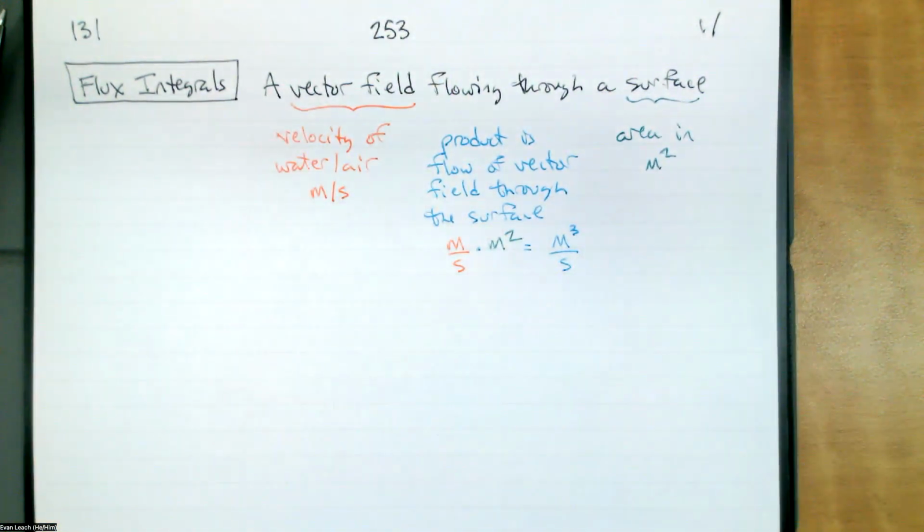So it's telling us how much volume is flowing through per unit time. We look at how fast the water is going, multiply that by how much space it's taking up, and that'll give us the volume of the water through the surface per unit time.